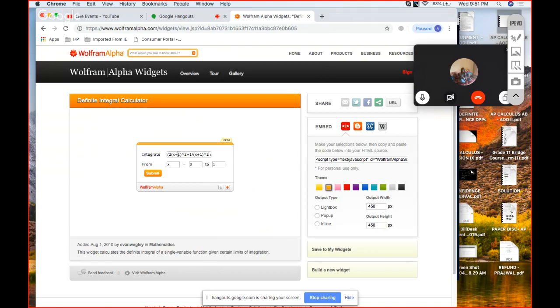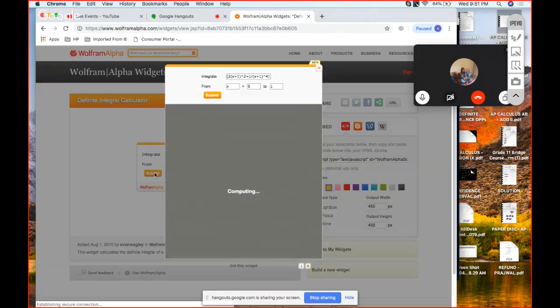I think instead of square, I can put a power of 4, right? The same thing. And whole raised to the power of 0.5, from t equal to 1. Submit.